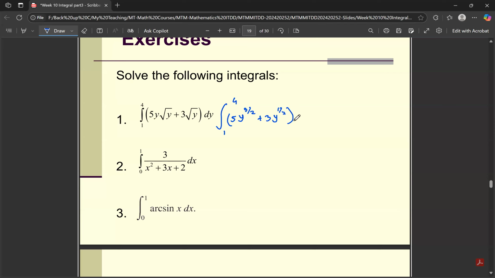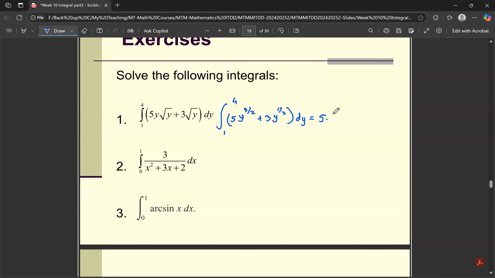I hope you can do the integration easily. This is 5 times. The integration will be 1 over 5 over 2.